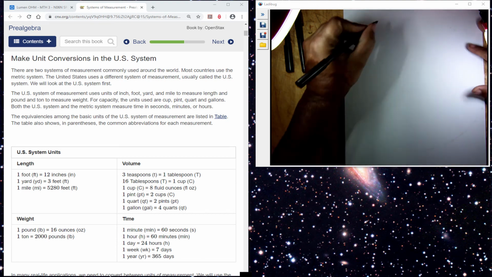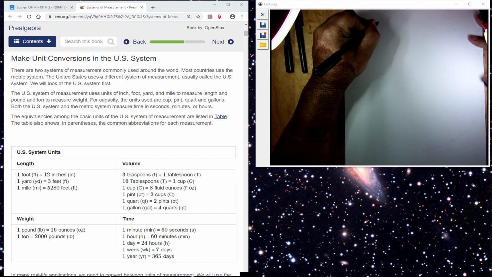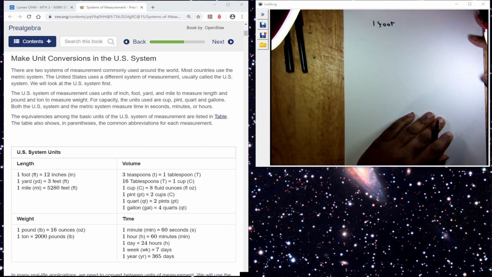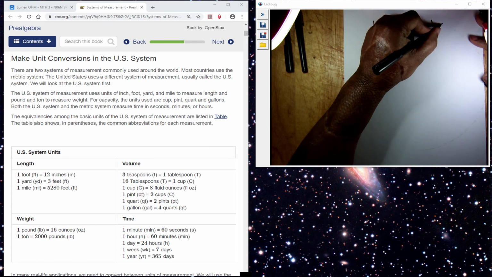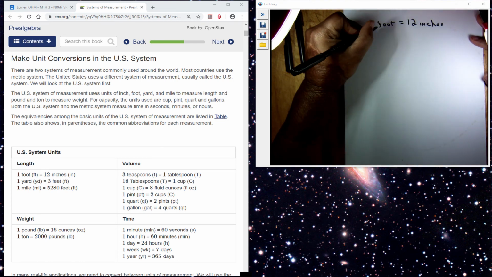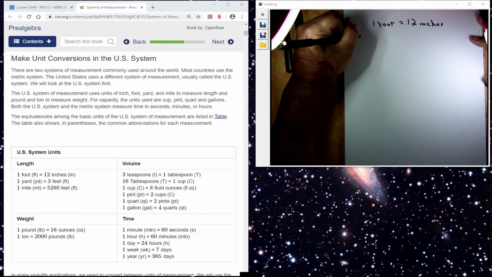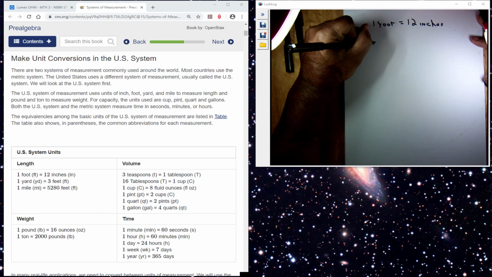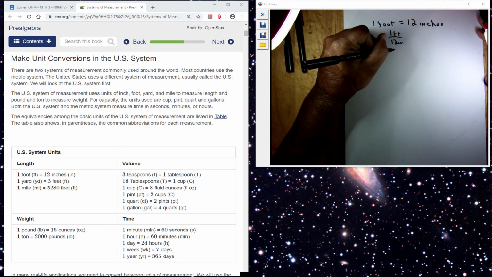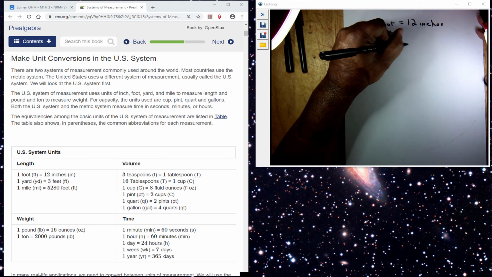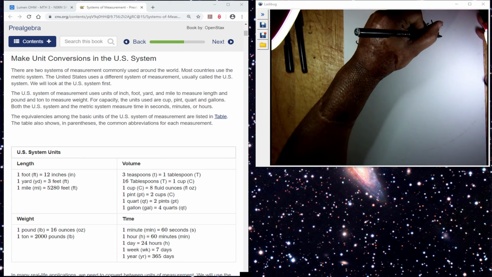For example, if I have that 1 foot is equal to 12 inches, the unit fraction, I should say, will look something like this: 1 foot to 12 inches, or we could have 12 inches to 1 foot.